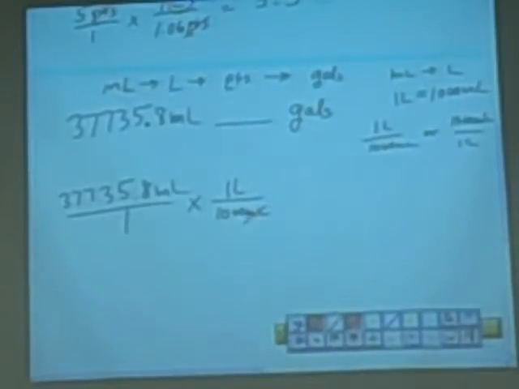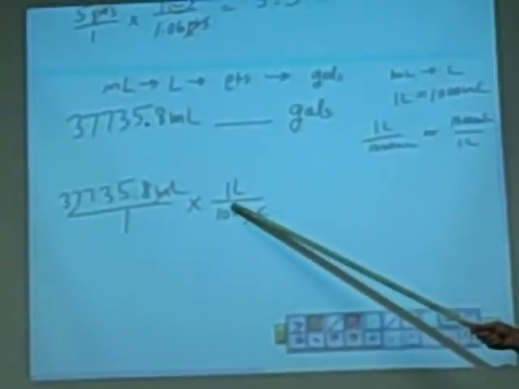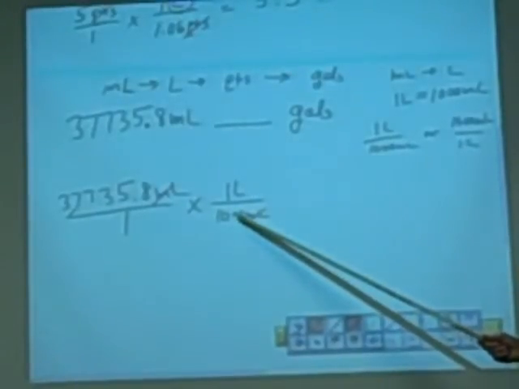And cancel our units out, right? So that means we're going to multiply or divide here. Divide, right? Is our number going to get larger or smaller? Smaller.